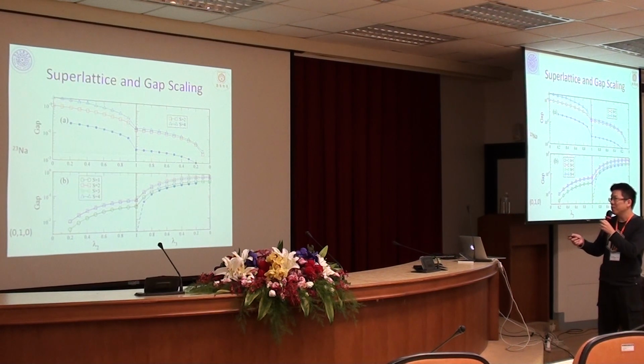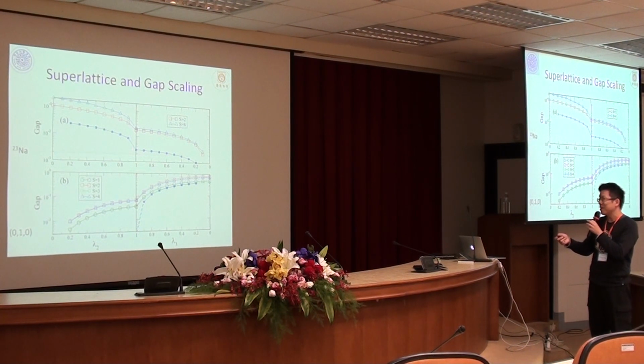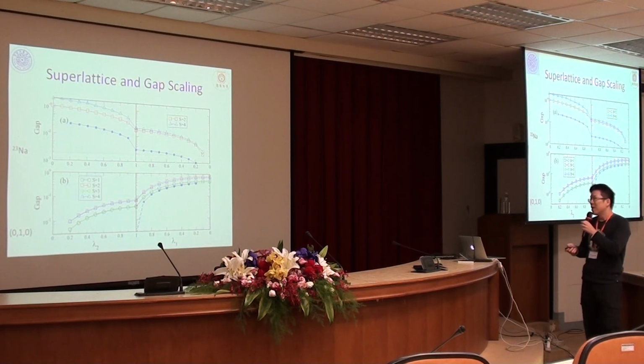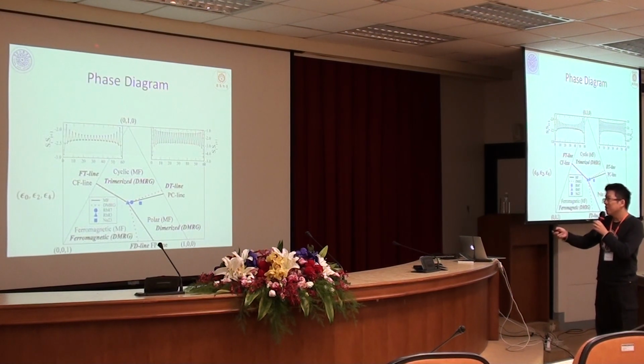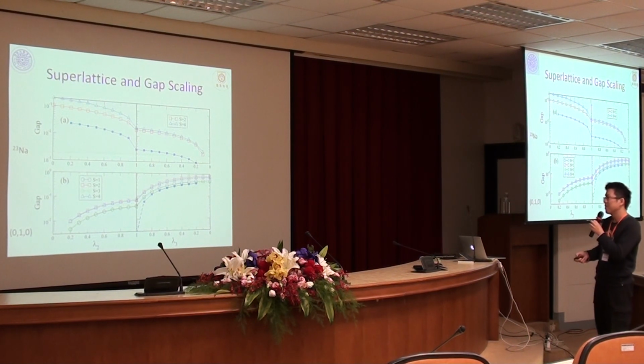If you impose a dimerized superlattice that is compatible with your order parameter, the gap is still there. You can trace the gap, and here you see that somewhere it goes through a phase transition. And if you look at this point, it should be trimerized. If you impose a dimerized superlattice, at some point the gap goes to 0.